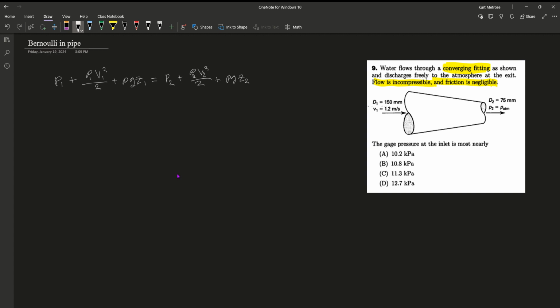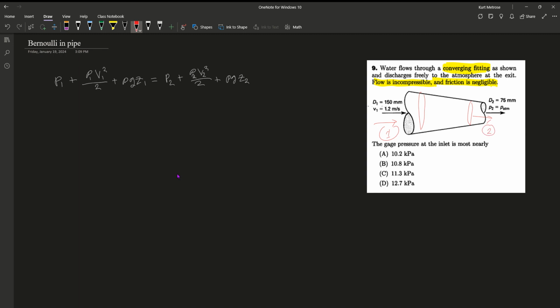The only thing that's changed is the subscript. And that should make sense because what comes in comes out, right? The water that comes in and goes through this cross section has to go through that cross section and come out there. Hence, this is location 1 and this is location 2.